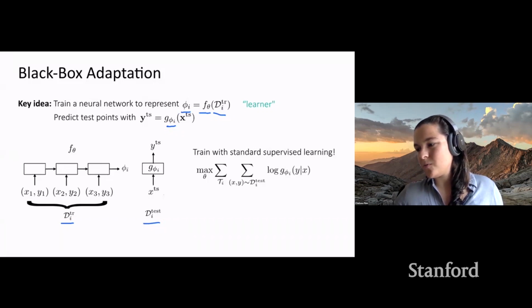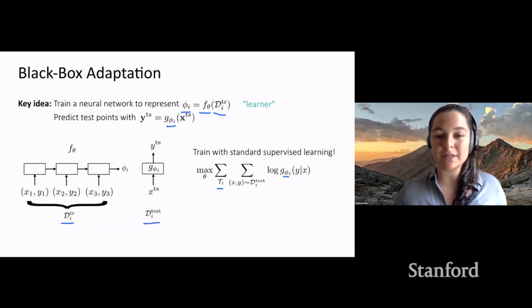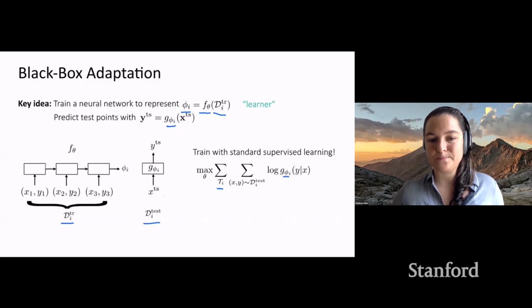So for standard supervised learning, we sample a task, we have the training data set for that task, which produces phi, and then we train it such that this network G with parameters phi can accurately predict labels for that task.